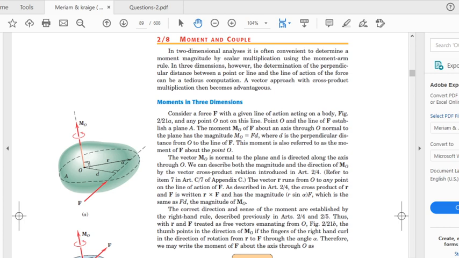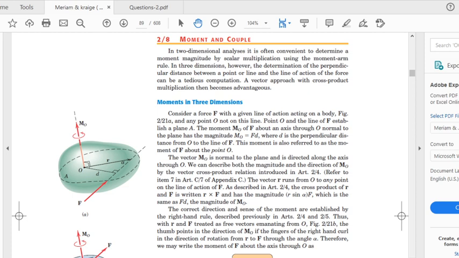So all the moments were always about perpendicular to that plane, which was the z-axis. So all the moments were about z-axis, and we were just talking about the counterclockwise moment positive, or clockwise or counterclockwise positive, whatever sense we select.